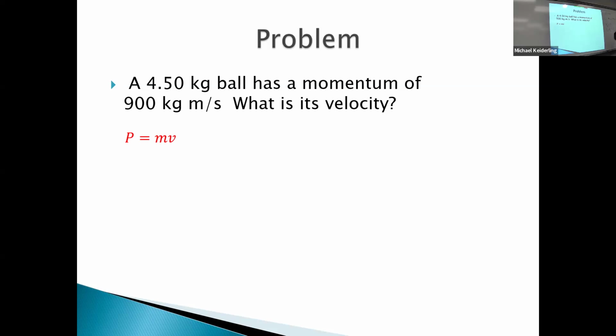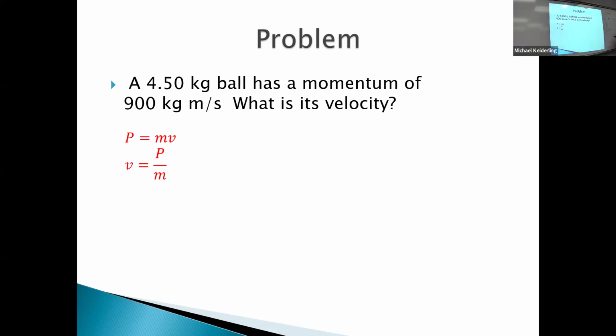900 divided by 4.5. So momentum equals mass times velocity.